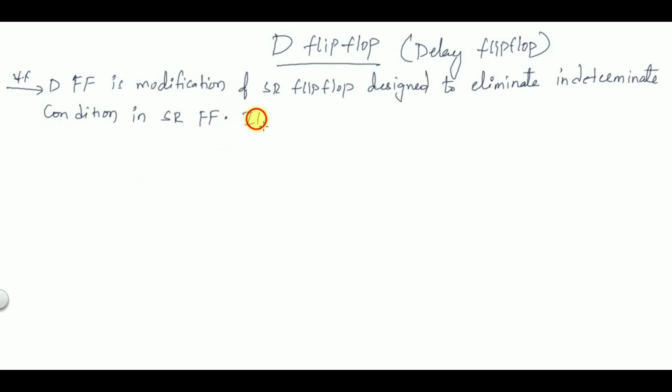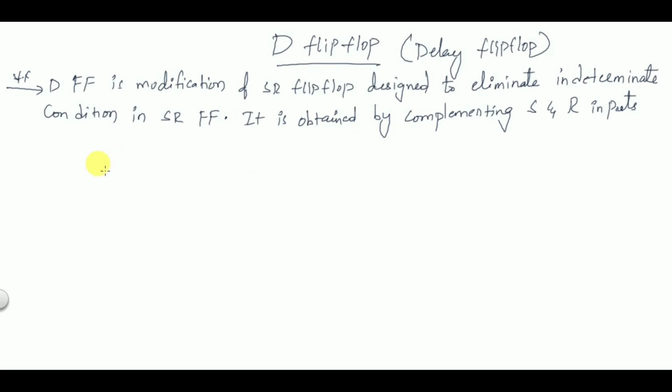It is obtained by complementing the S and R inputs. Okay, so this is a very important point.